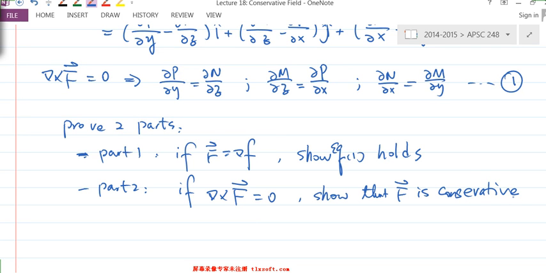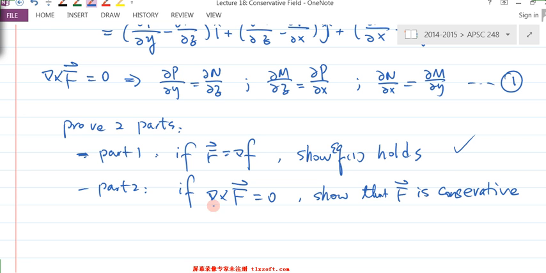The first part is actually pretty easy. You can check out my lecture notes. It's very easy to prove. The second part, we can't prove right now. The second part of the proof needs a theorem called Stokes' Theorem, and that's what we're going to cover in the last lecture or the last week.